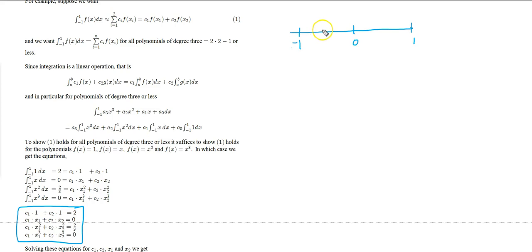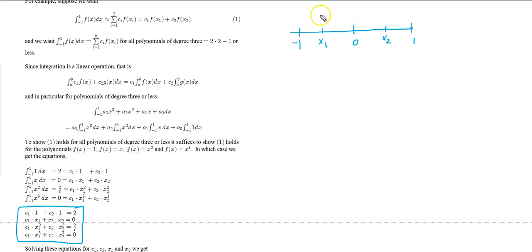So it makes sense that the x's and c's are going to have a certain amount of symmetry themselves. If this is x1, then this is going to be x2. So x1 is going to be the negative of x2 and vice versa. They should have a symmetry about the origin.